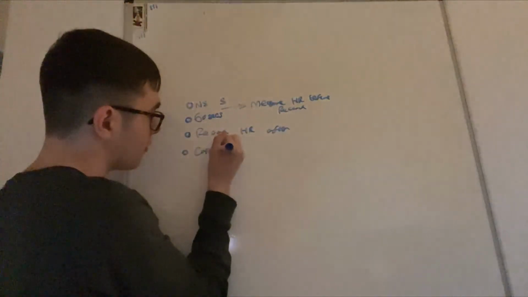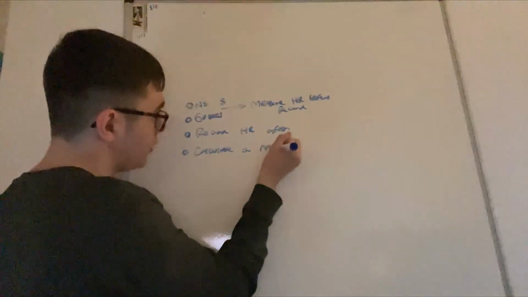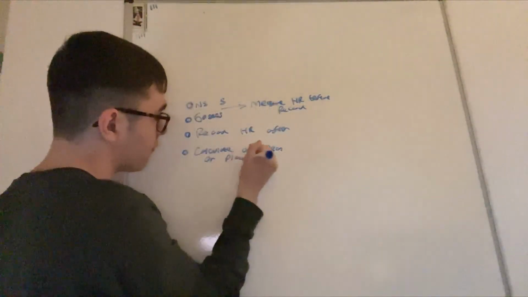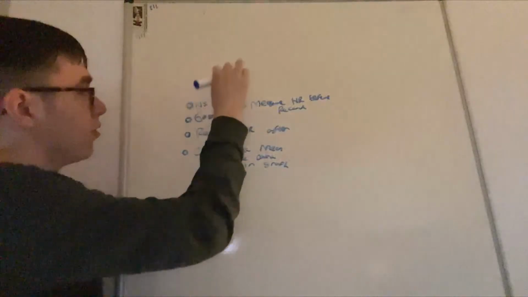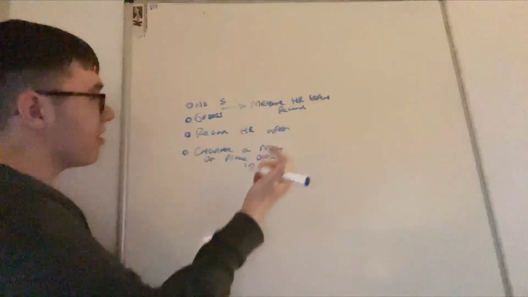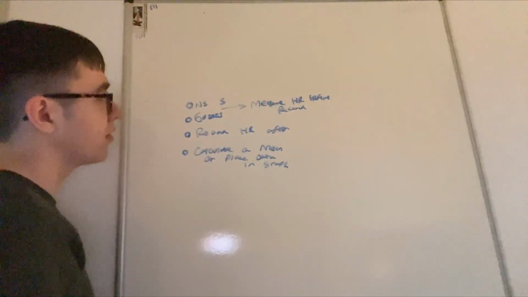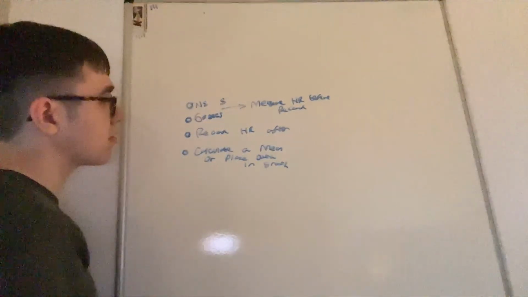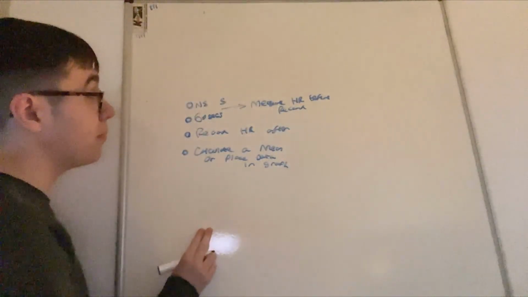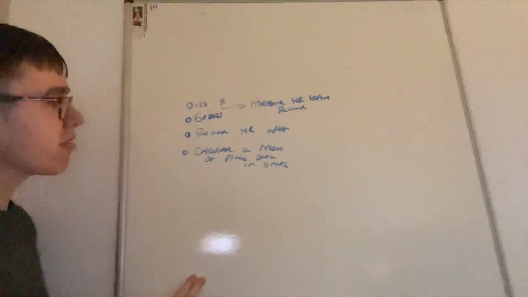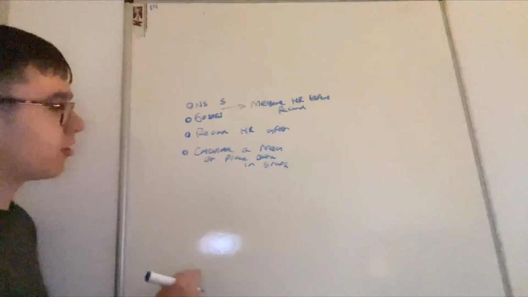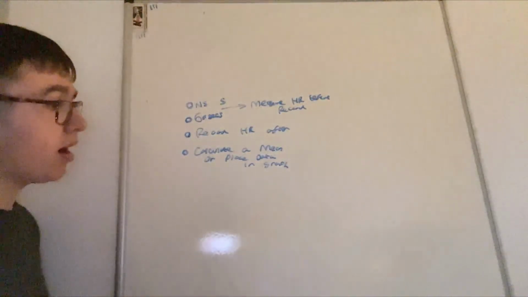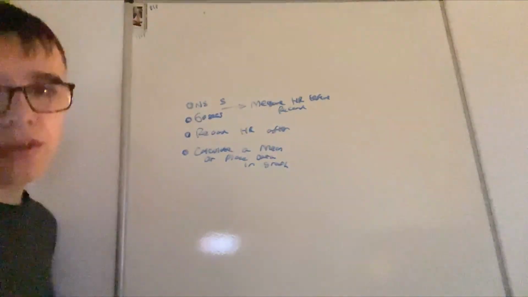Calculate a mean or place data in a graph. How many points is this? 1, 2, 3, 4, 5, maybe 6? I need another point here. And maybe I could talk about control variables. So maybe I could say ensure that they have not consumed anything that might increase heart rate. I don't know. It's 6 marks, so I feel like I wouldn't have gotten it.